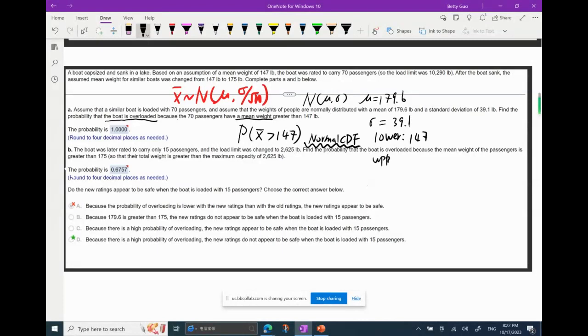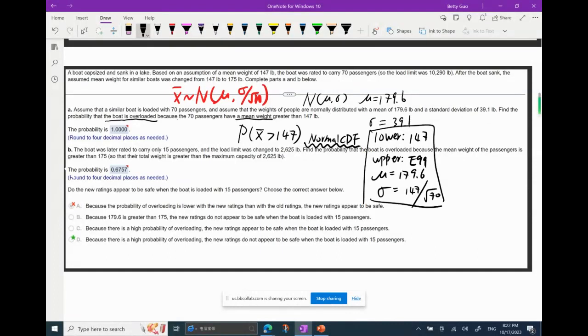And the upper bound is positive infinity. Remember that? And the mu is 179.6 and sigma is 147 divided by root 70. We're going to enter those in the calculator.